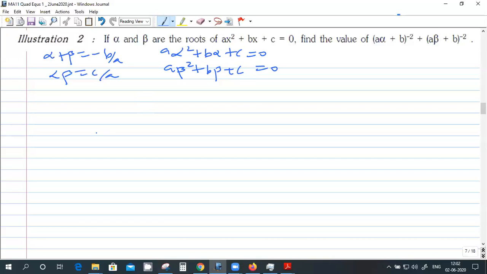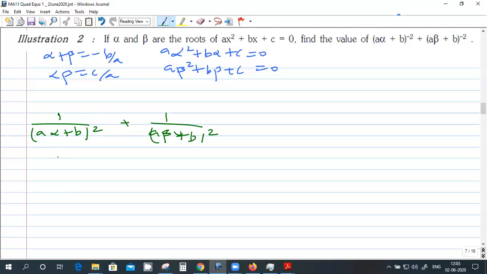So this value is 1 by (A alpha plus B) whole square plus 1 by (A beta plus B) whole square. Right, so if you square it, you'll get A square alpha square.